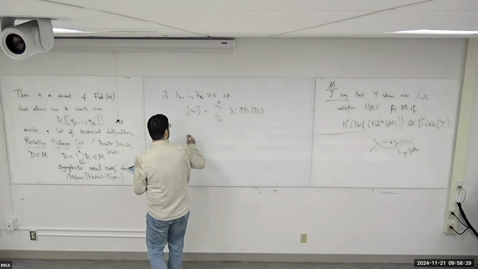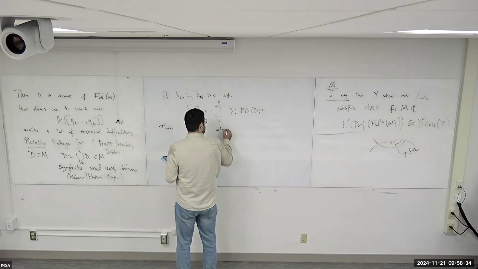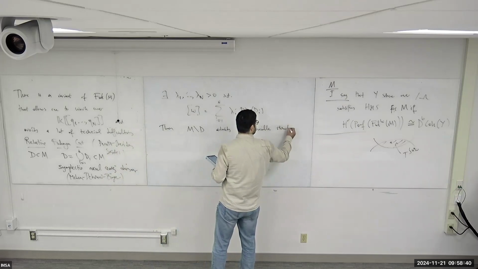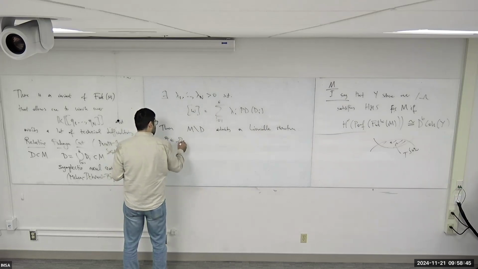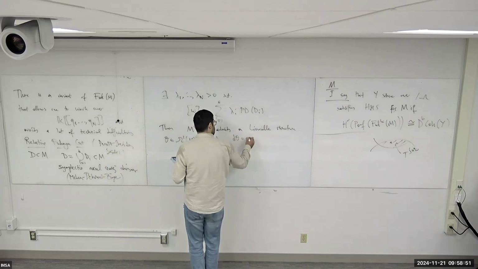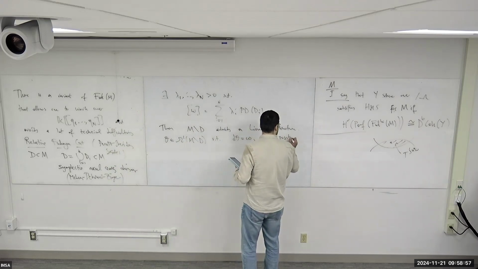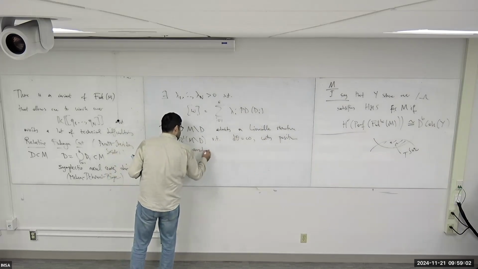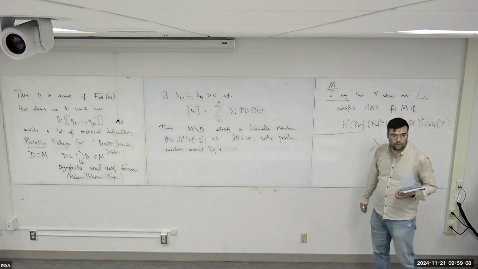So then M minus D admits a Liouville structure. This means that there is a theta, a one form in this complement that is a primitive of omega, and we'll say with positive residues around the D_i's, and some properties that I'm not writing.